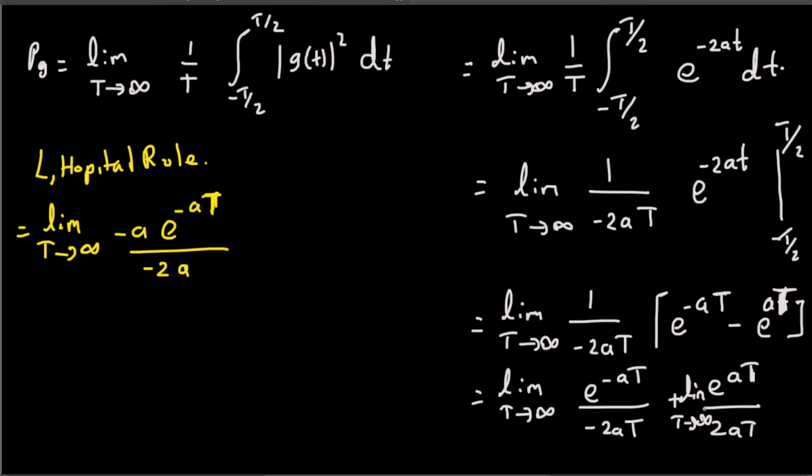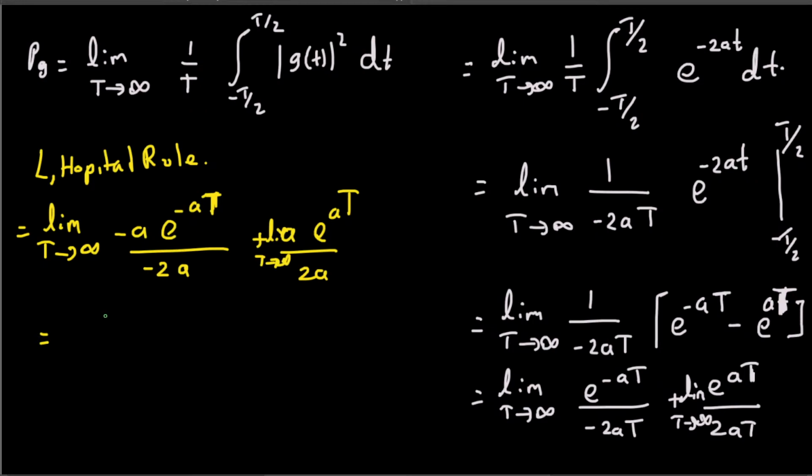This one, if you apply infinity, this one is infinity over infinity, again we have to use L'Hopital rule. So this one again become a power 8 times e power at divided by 2a, and then limit t approaches infinity, and this is infinity over 2a, so that's going to be infinity.